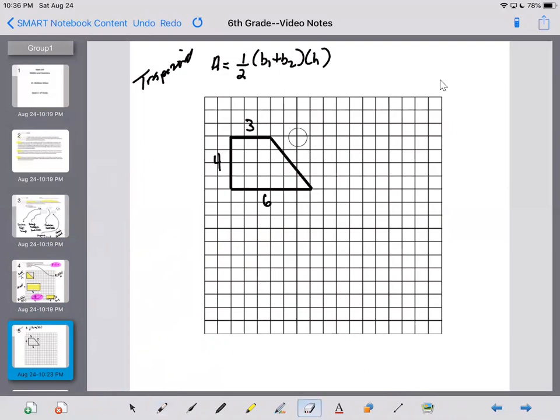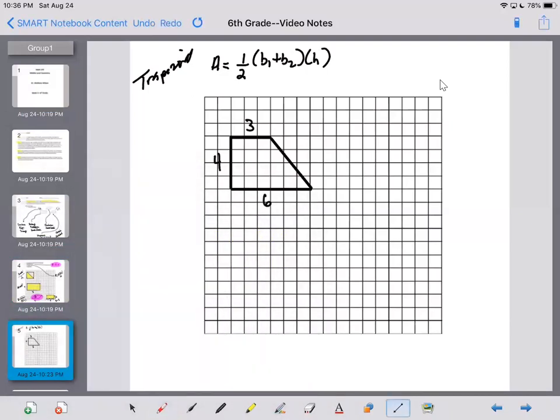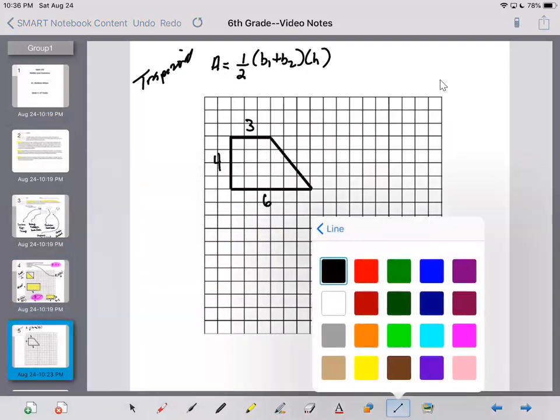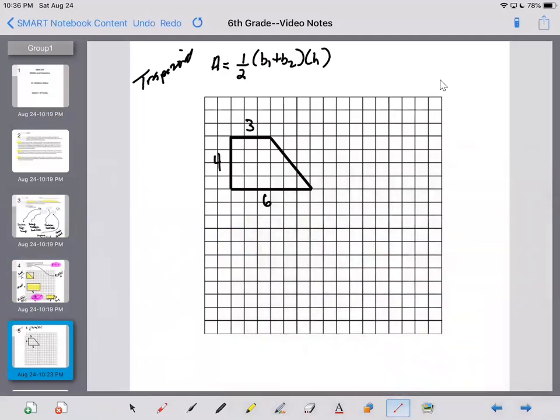So if we know this is 3 by 6, what I want to do is I just want to invert this, and I want to draw just a mirror of it so that they're connected.